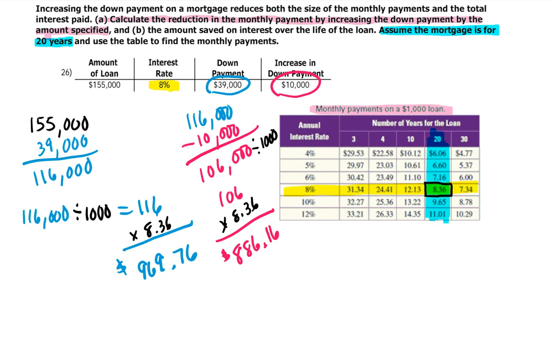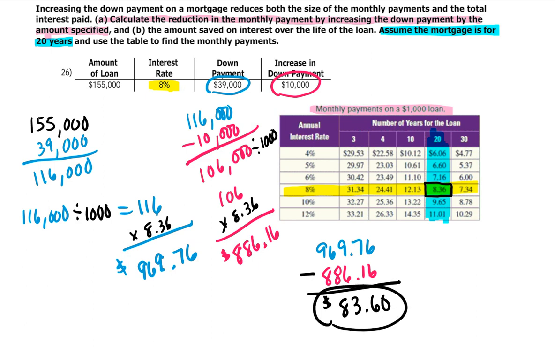So, the question is, calculate the reduction in the monthly payment. The reduction. Take the 969.76 and subtract the 886.16, and that's your reduction. That's how much less. You will be saving $83.60 a month.